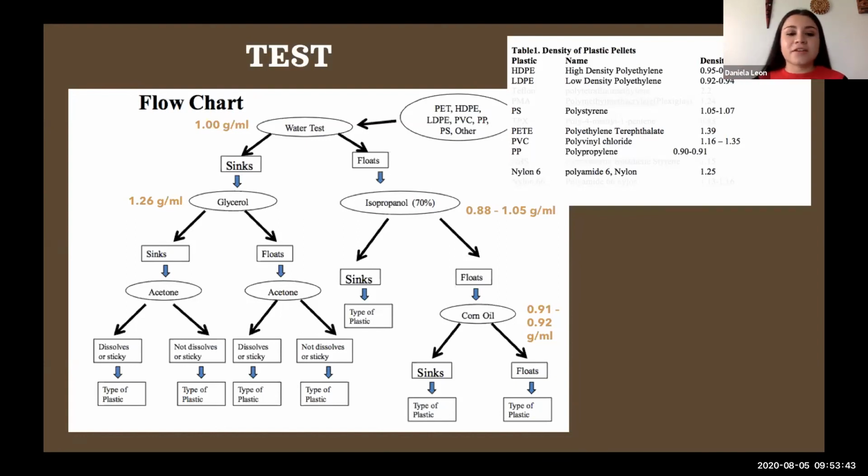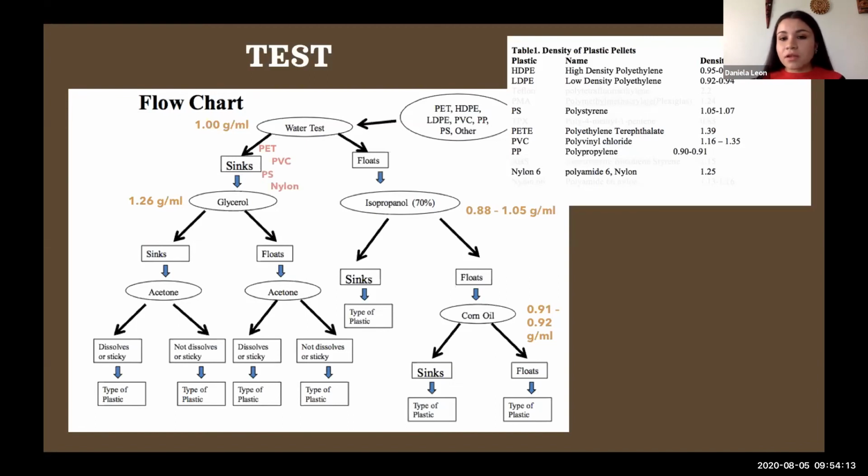This test starts with the water test, taking into account a density of 1 gram per milliliter. So based on this, the ones that have a heavier density will eventually sink, and the ones that have a lower density will float. Taking this into account, the ones that will sink will be polyethylene terephthalate, polyvinyl chloride, polystyrene, and nylon.